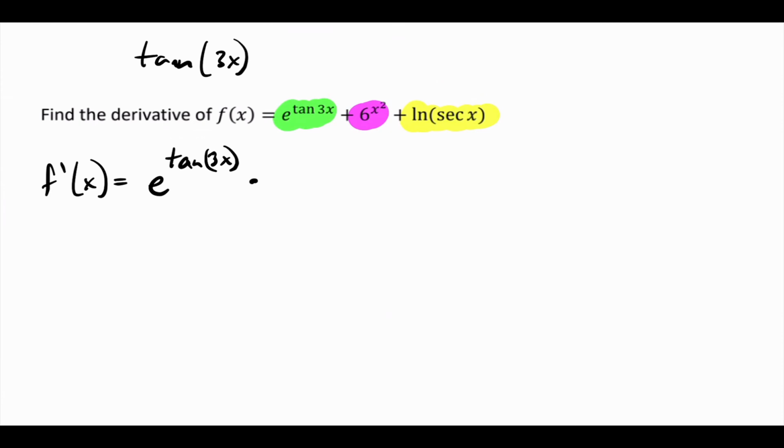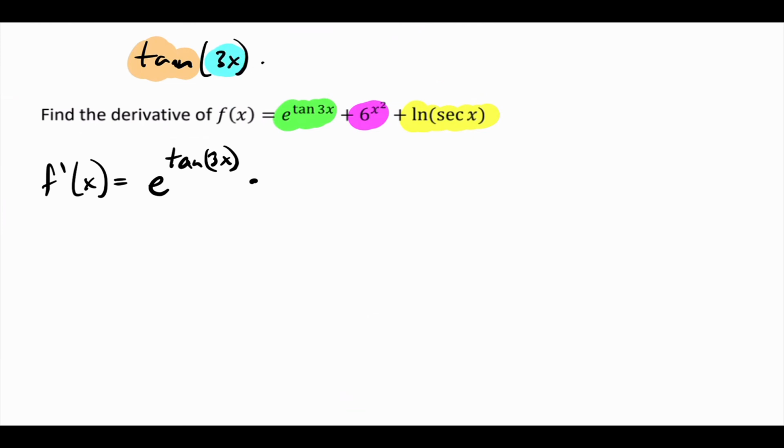How am I going to find the derivative of that? What rule am I going to use? Chain rule. Yeah, chain rule. I'm going to find the derivative of the outside, and then the derivative of the inside.